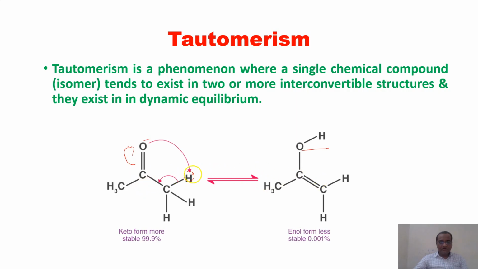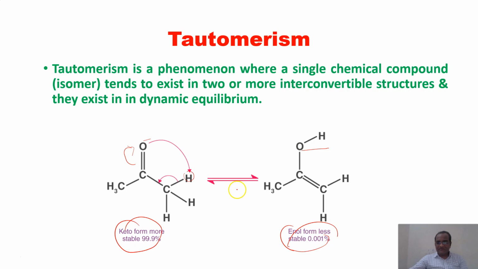So these keto and enol forms are interconvertible structures in dynamic equilibrium. Why dynamic? Because they are interconvertible, so one can be converted into the keto or enol form. At room temperature, the keto form is quite stable at 99.9%, while the enol form is very small.